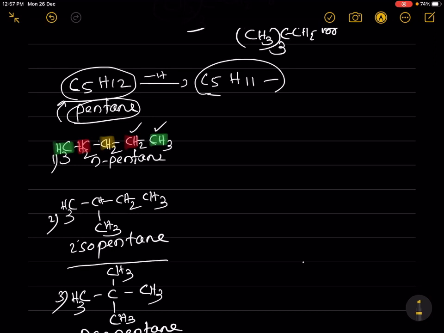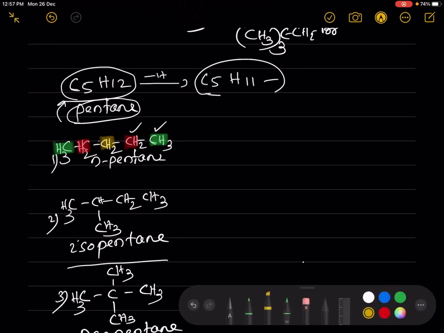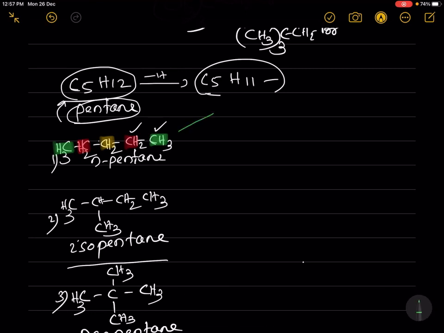So there are 3 colors I have given: green, red, and yellow. So we can remove from the green color carbon, those are primary carbon atoms. There are 6 primary hydrogen atoms, but we will remove only 1.